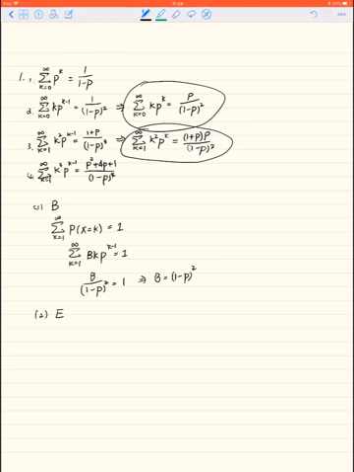Second question, we have to figure out the expectation of X. We have the formula that the expectation of X equals the sum from k equals 1 to infinity of k times the probability that X equals k. And now we get b times the sum from k equals 1 to infinity of k squared times p to the power of k minus 1.